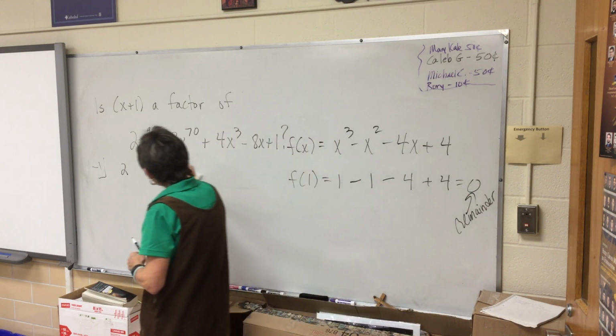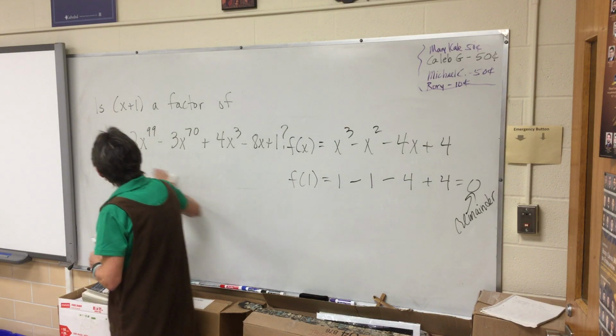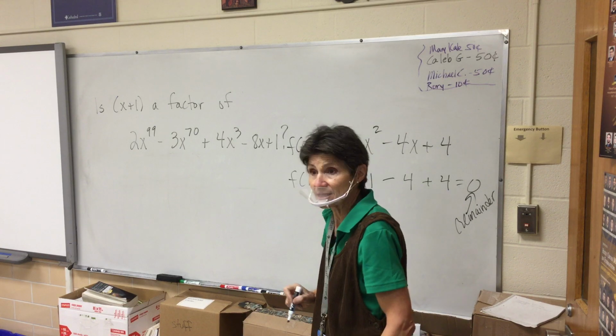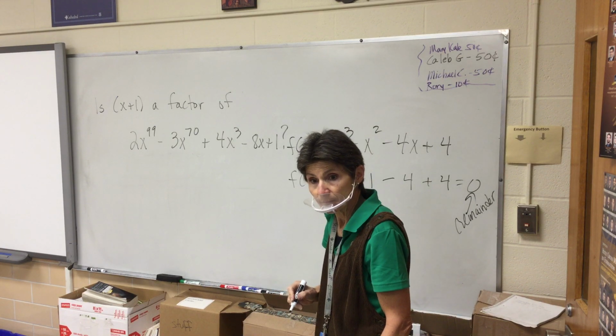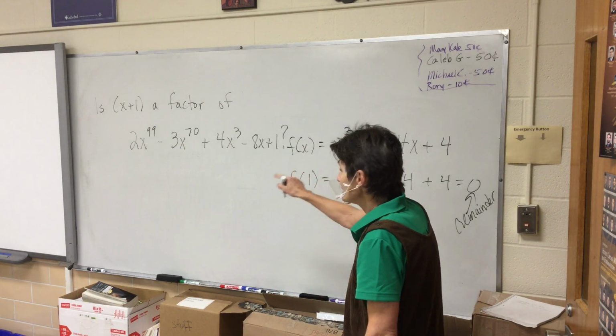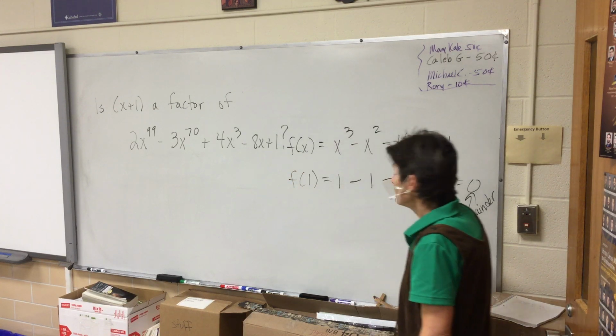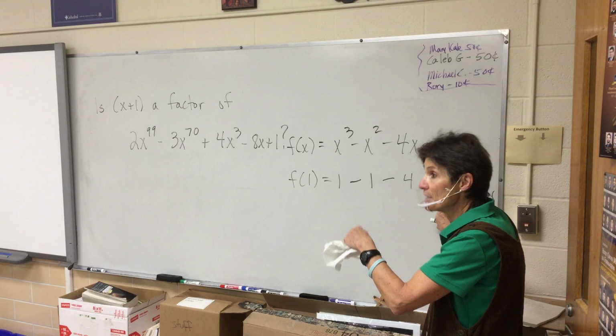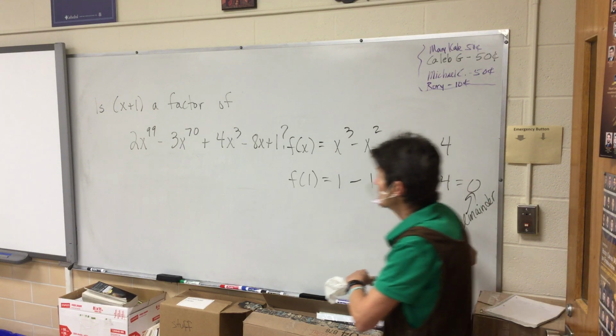So if I want to know if something is a factor, then what I want to know is, is the remainder 0? One way of finding the remainder is dividing, but another way of finding the remainder is just plugging the number in.